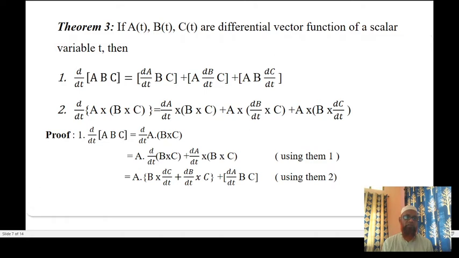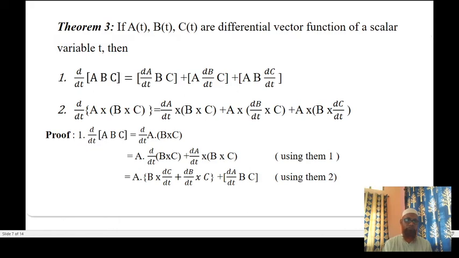The derivative of the scalar triple product is the sum of these three scalar triple products. Second, d by dt of a cross in bracket b cross c is equal to da by dt cross b cross c plus a cross db by dt cross c plus a cross b cross dc by dt.